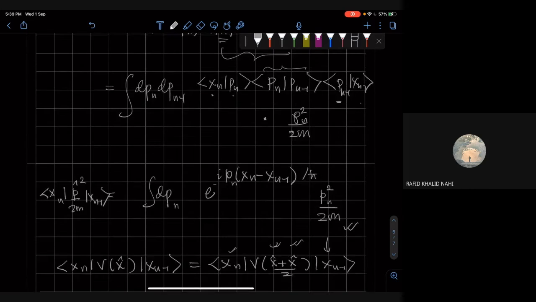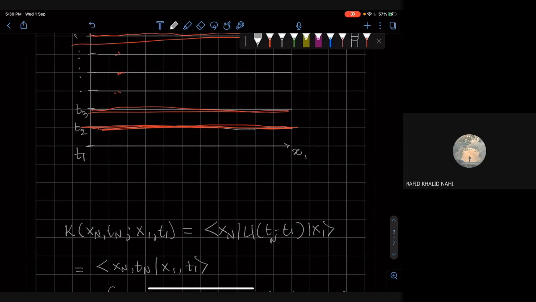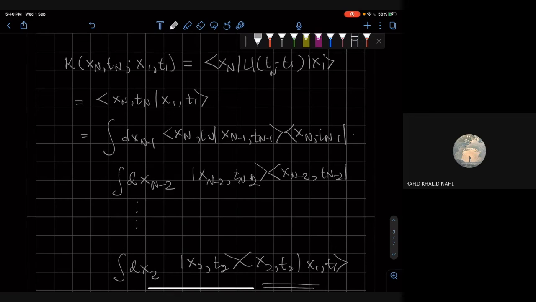Remember that the p integral is always related to, so where does the p integral start? So it'll start at 2. And when will it end? It'll end at n, right?